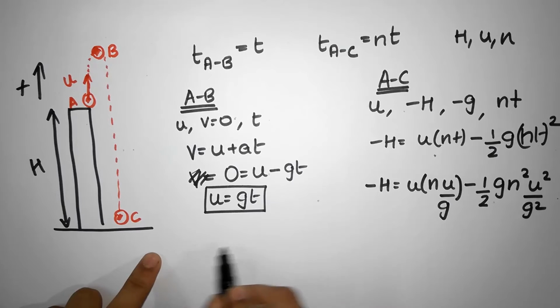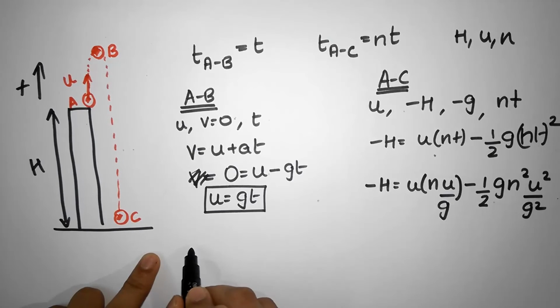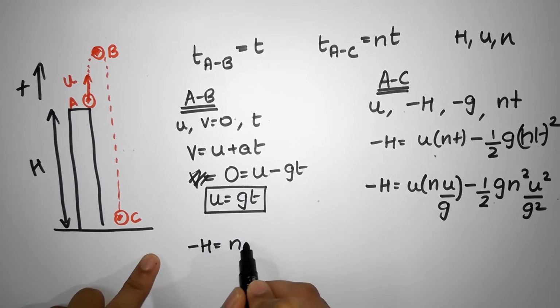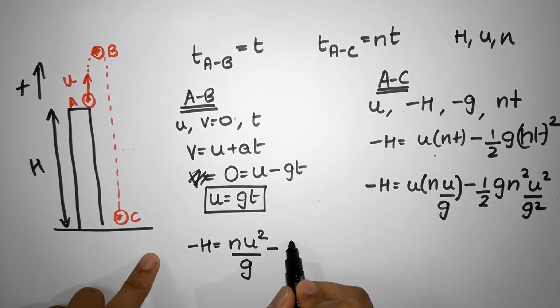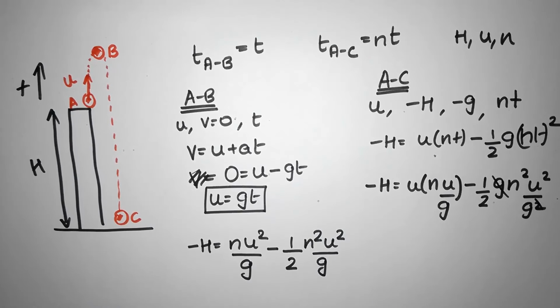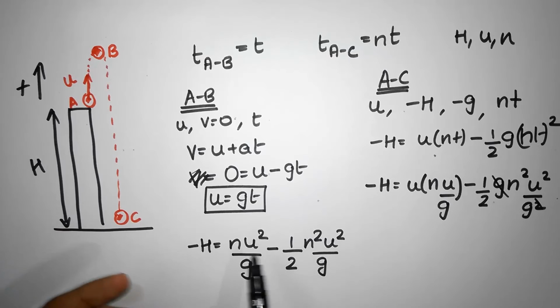Alright, so what do we get? We get minus h equals n u squared by g minus half, this g cancels, you get n squared u squared divided by g. We just need an equation for h, u, and g. We'll just solve this and we'll get some equation.